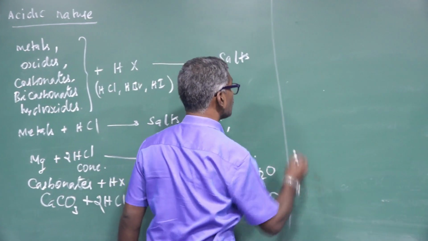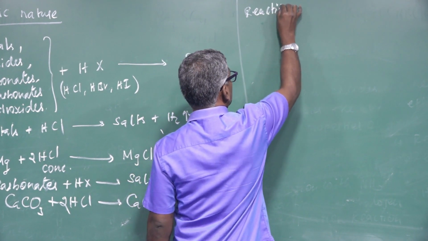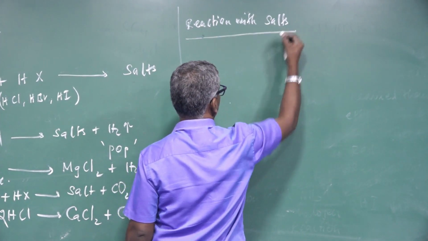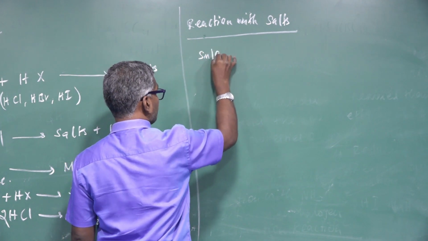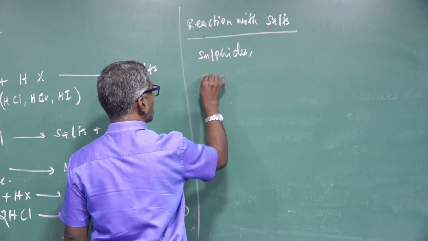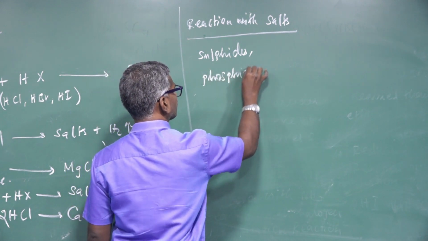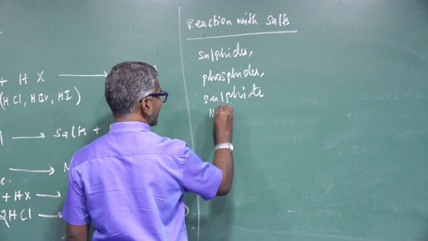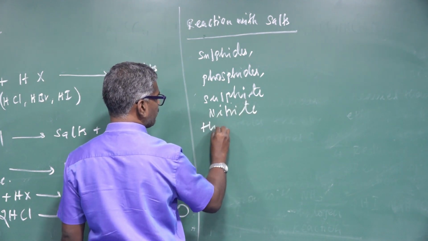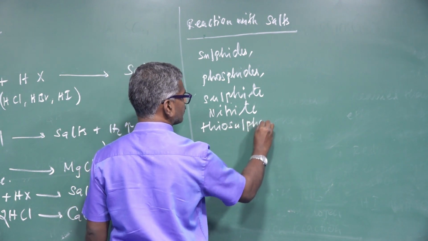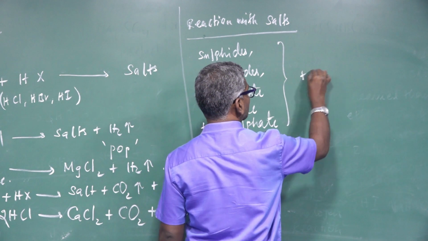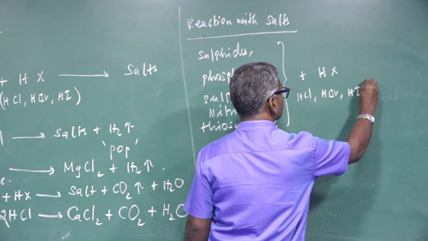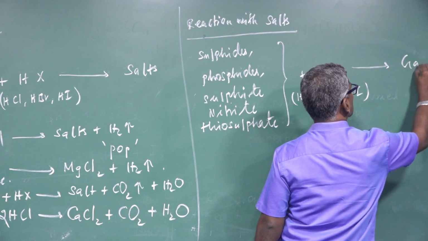Next, reaction with the salts. Here, sulfides, phosphides, sulfite, nitrite, thiosulfate all react with HX, that is HCl, HBr and HI, and produce gases.